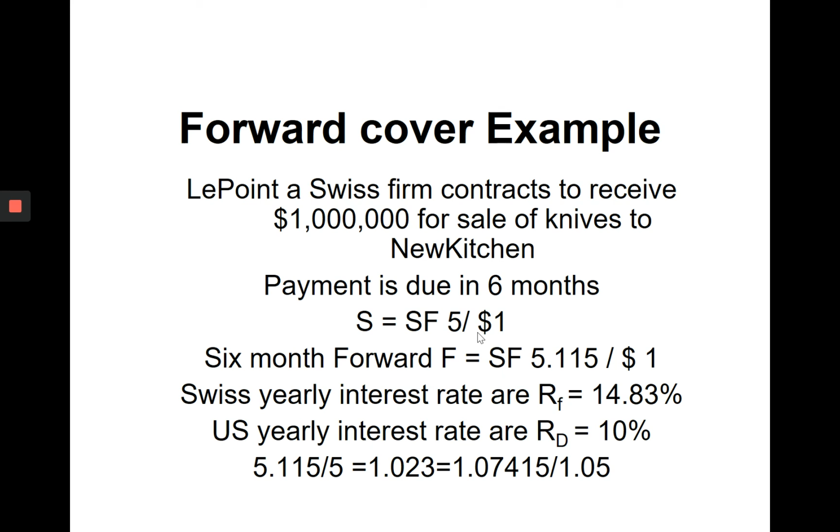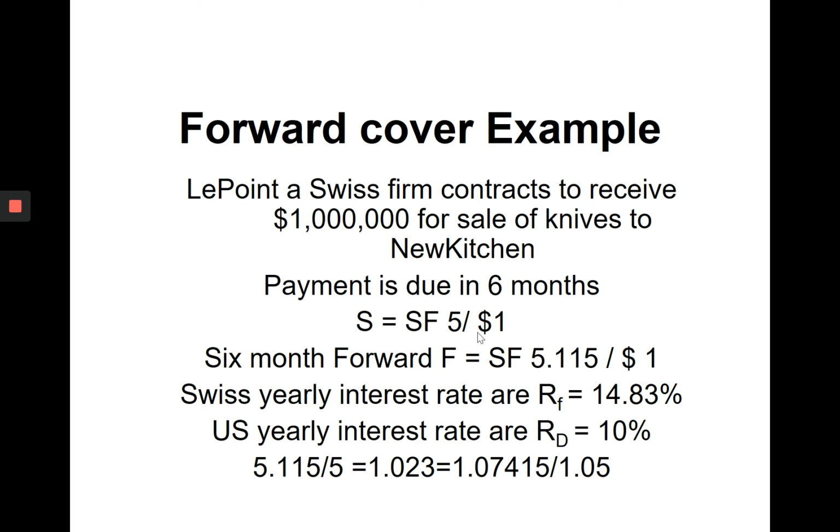And the right-hand side is 1.07415. That's not quite familiar, but if you multiply it by 2, you get 14.83%. 14.83% is the yearly interest rate. In finance and economics, interest rates are always quoted yearly.